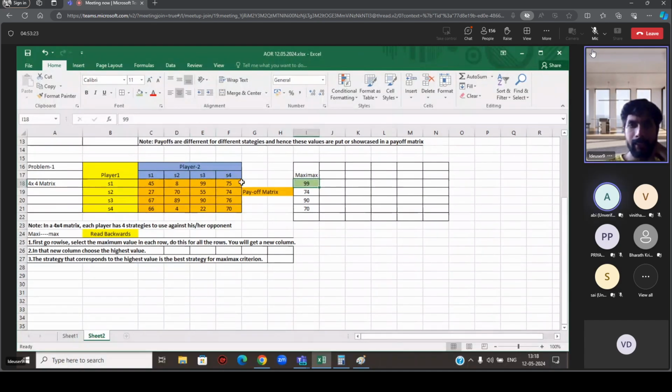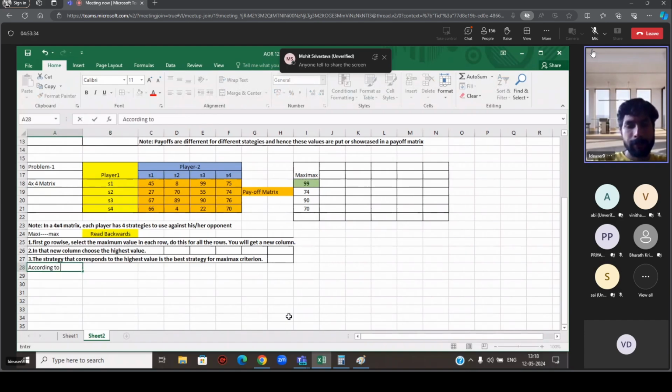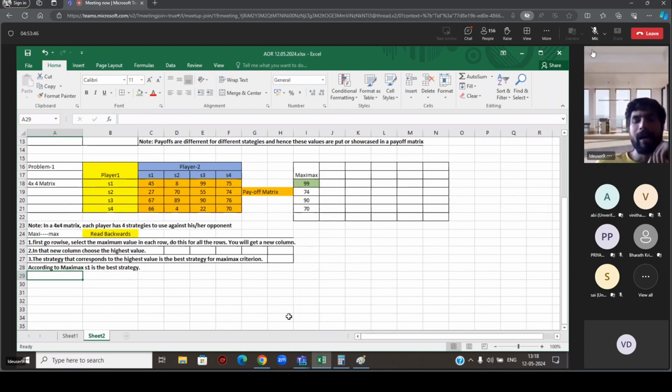That 99 is corresponding to which strategy? S1. So you have to write according to maxi-max, S1 is the best strategy. That is the answer.